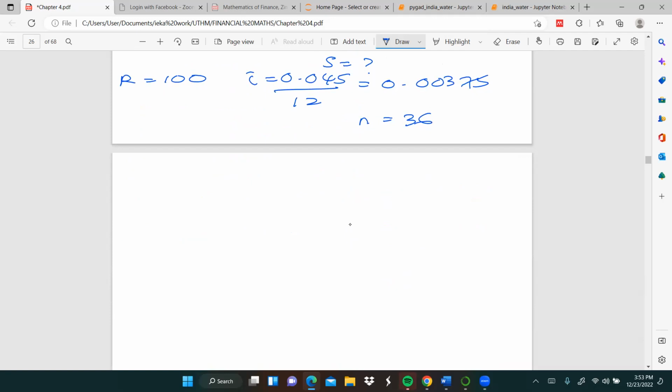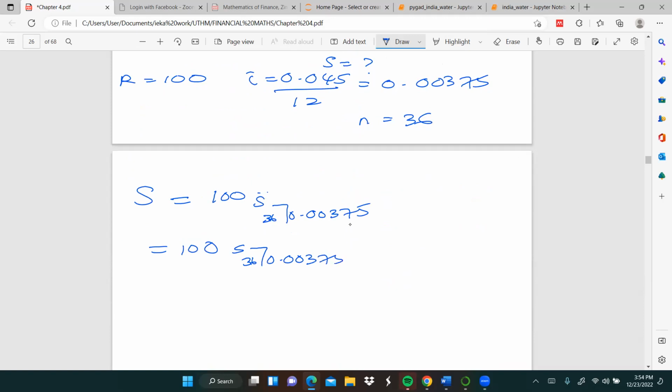In this case, just masukkan dalam formula: S equals 100, S angle 36 at 0.00375.